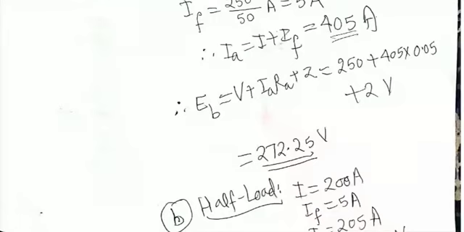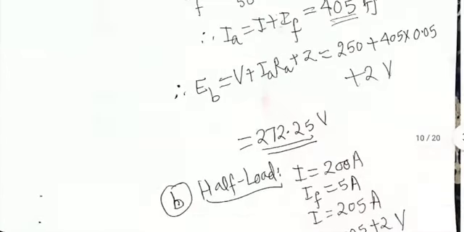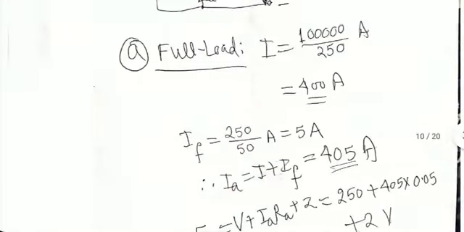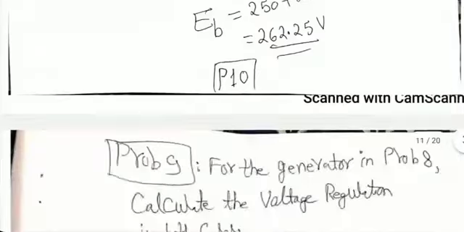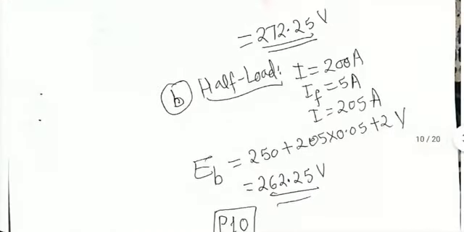At half load, repeat the story. Load current will be half of the full load current, which is now going to be 200 amperes. Field current will not change. So the total, sorry, I made a mistake. It should be IA here. Okay, make that correction. I'll correct it also. It is IA, which is 205 amperes.